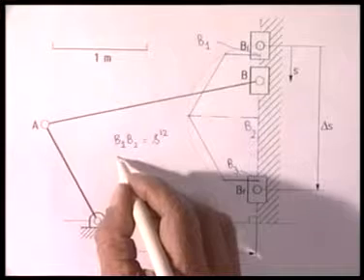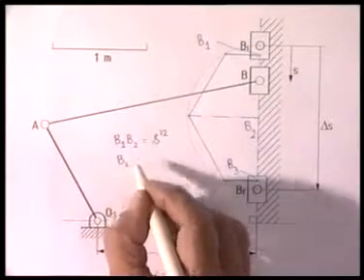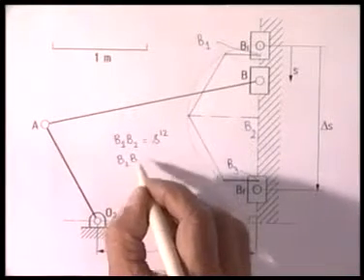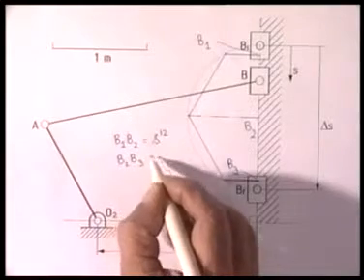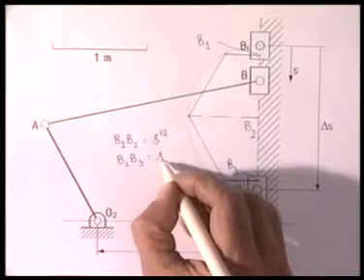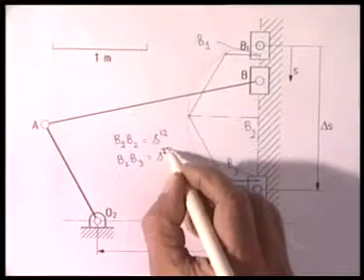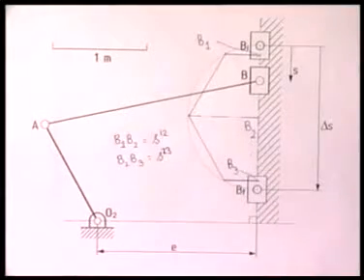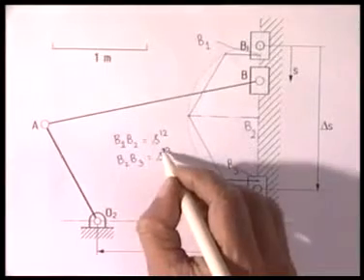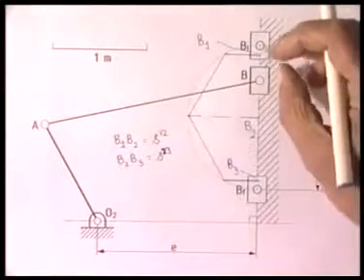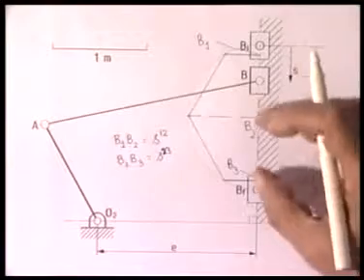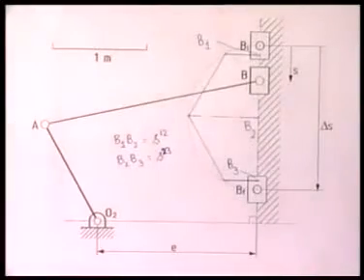Similarly, B2, B3, the travel of the fork from the second to the third accuracy point, is what I call S23. So S12, S23 is now known. I can either measure it from this diagram to the scale, or I have already calculated analytically.